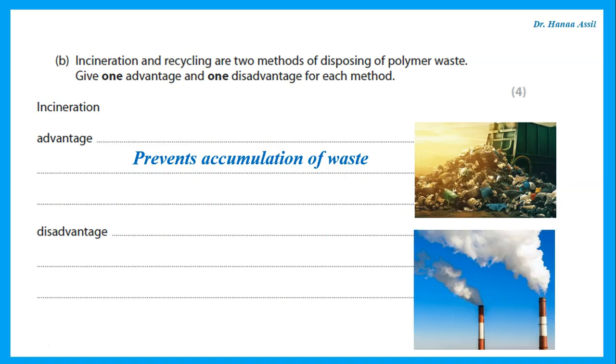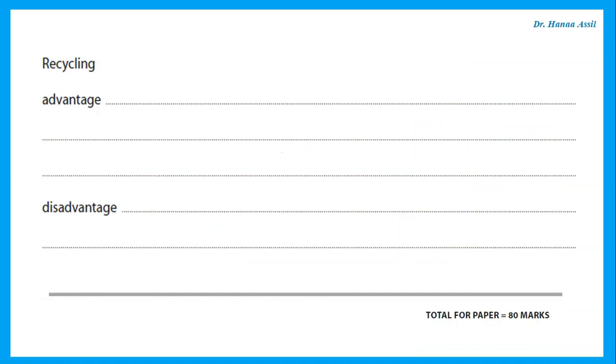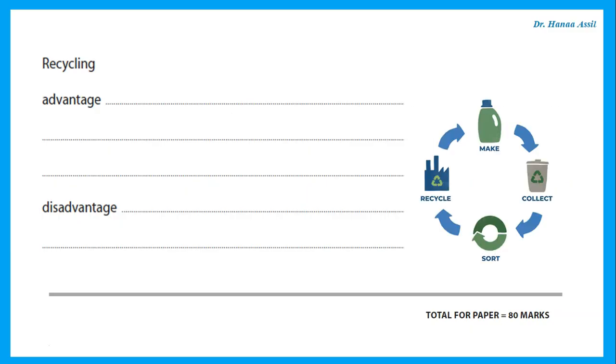But when we burn the polymers, the disadvantage is it releases toxic gases. Recycling. What would be the advantage of recycling? Of course, that saves resources. A disadvantage would be the fact that in order to recycle, I need energy. That makes it expensive.